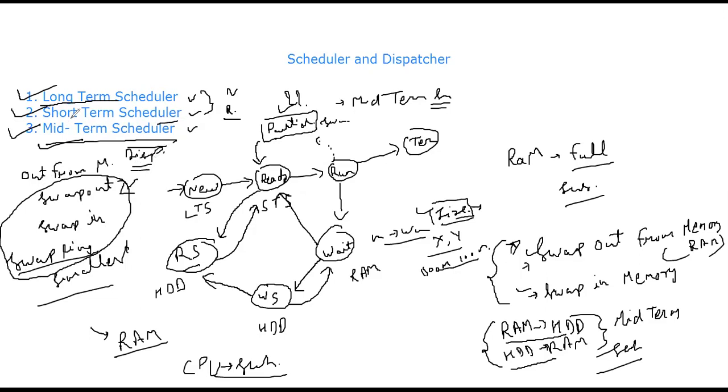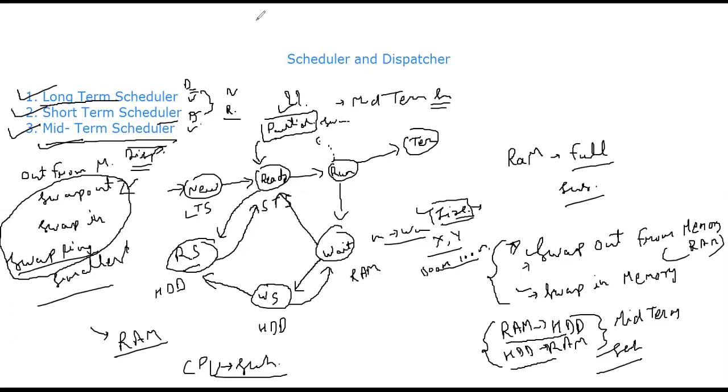Similarly, sending a process from ready to run is done by the short-term dispatcher. Sending a process from new to the ready queue is done by the long-term dispatcher. So those are the different types of schedulers: long-term, short-term, and mid-term schedulers.